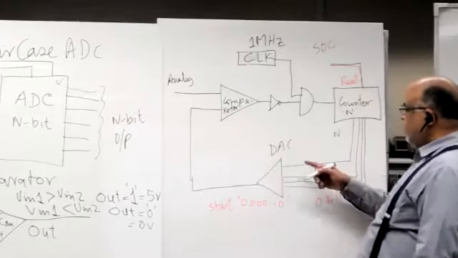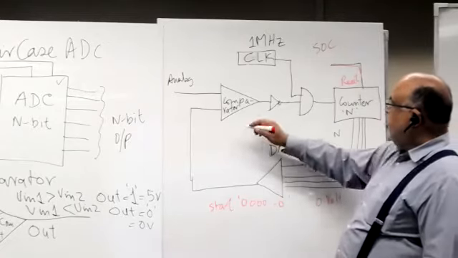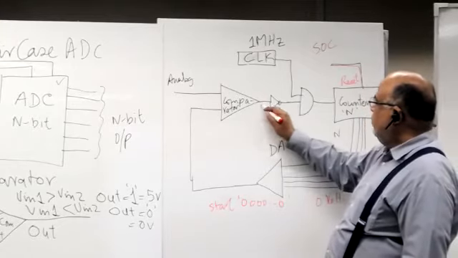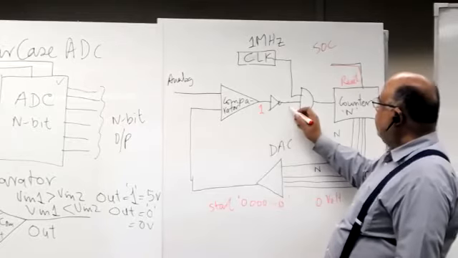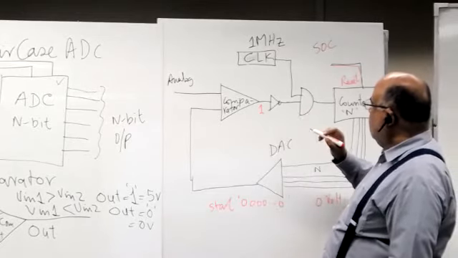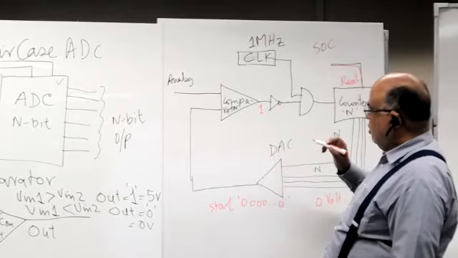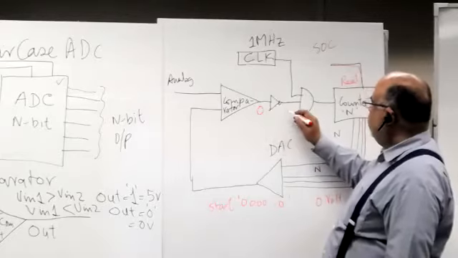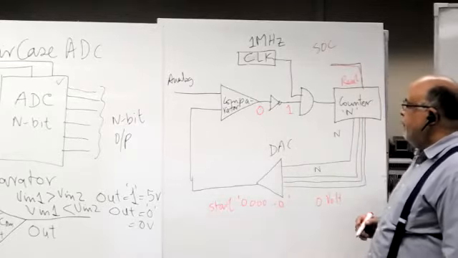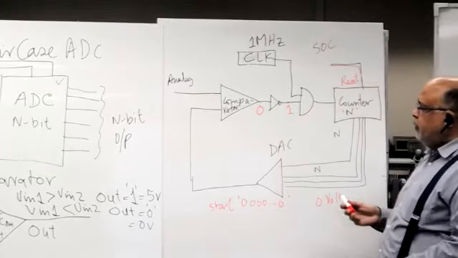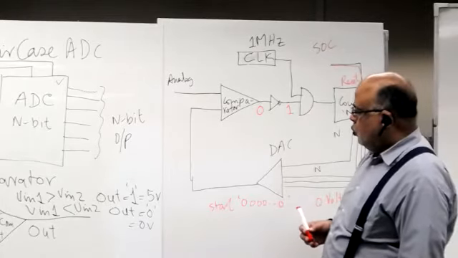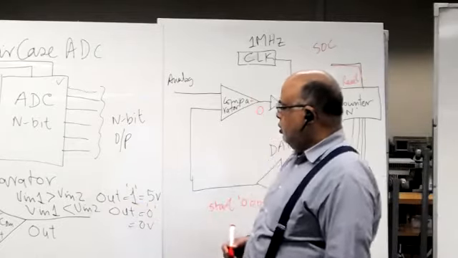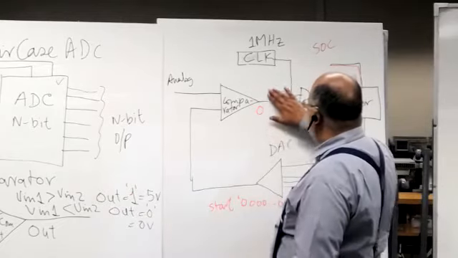That's the job of the DAC here. So this output will be, of course, less than any non-zero analog input, so the comparator output will become 1. When V in 1 is greater than V in 2, output is 1. All right, so let's remove this.